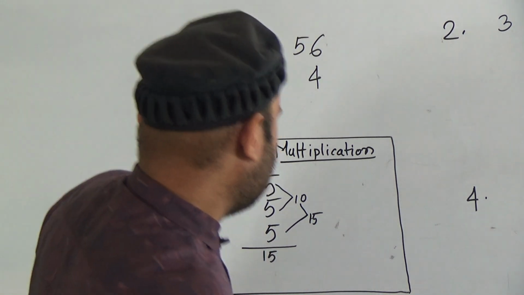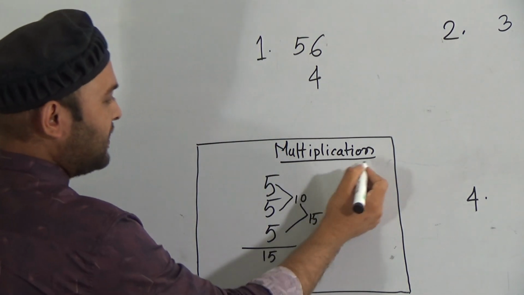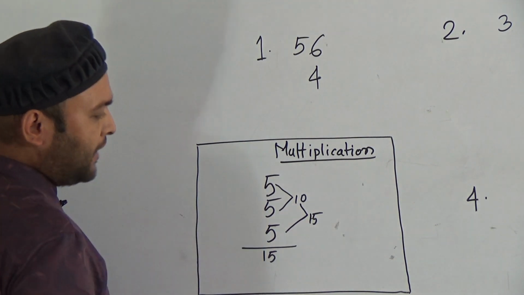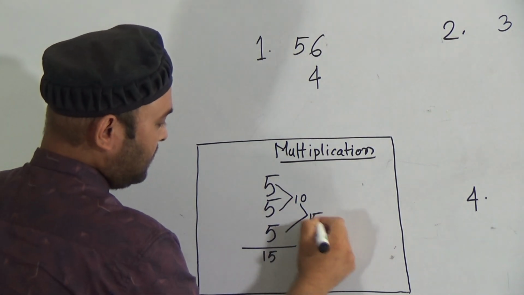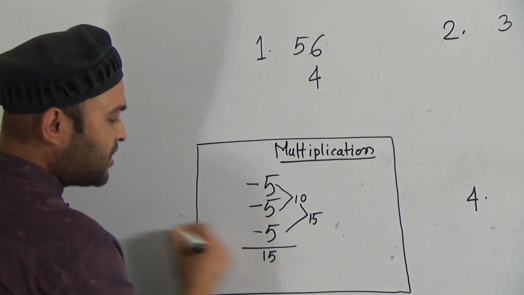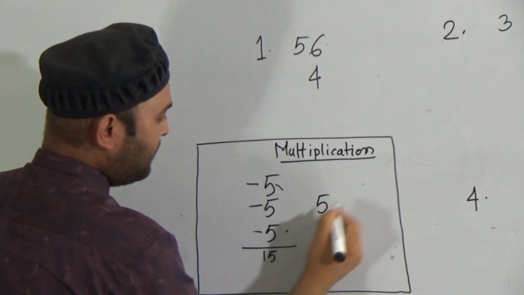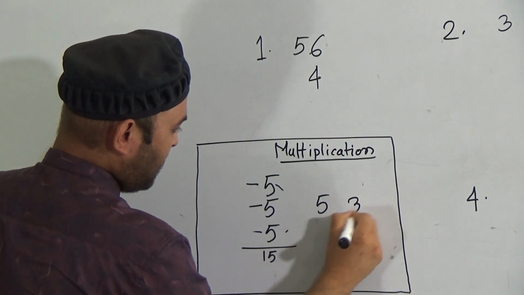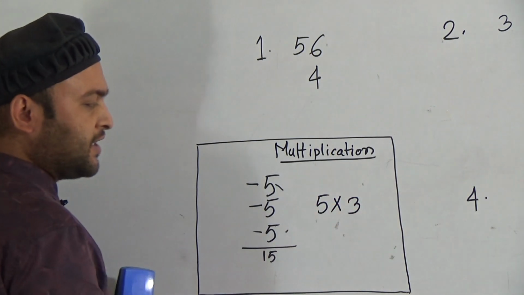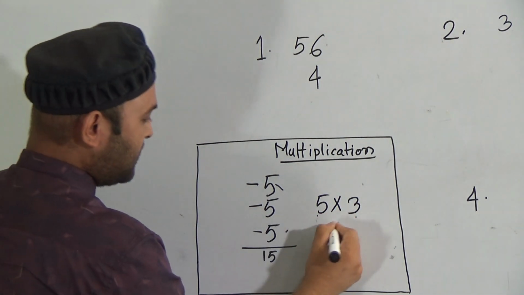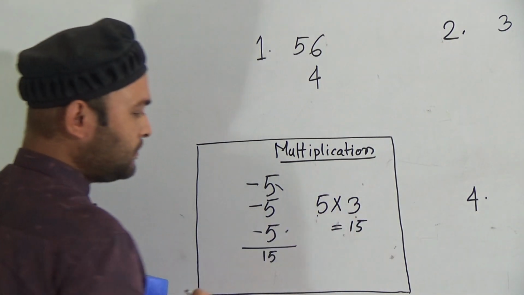But multiplication is the short form of addition. Here there are 1, 2, 3 fives. So if I write 5 three times, then 3 fives are 15.